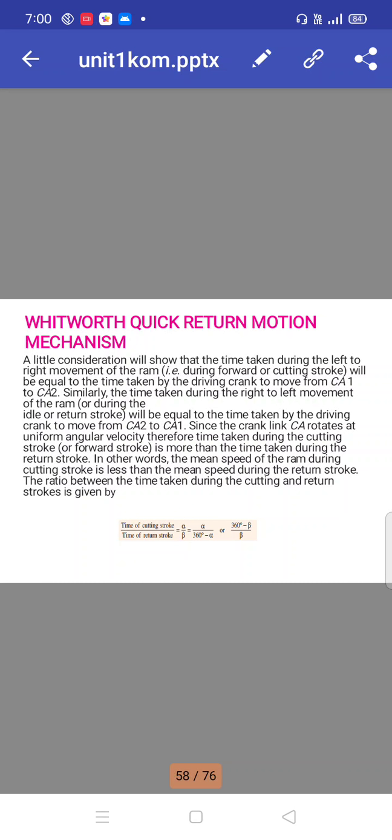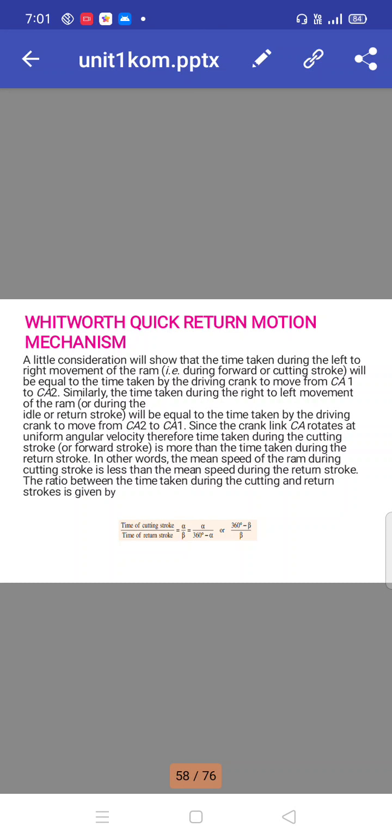Since the crank CA rotates at a uniform speed, the time taken during the cutting stroke or forward stroke is more than the time during the return stroke. In other words, the mean speed of the ram during the cutting stroke is less than the mean speed during the return stroke.